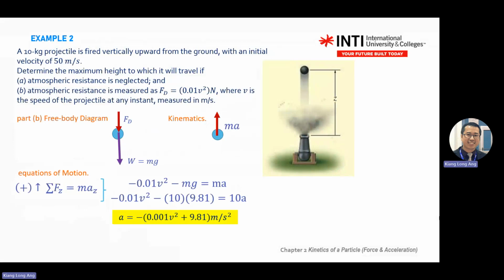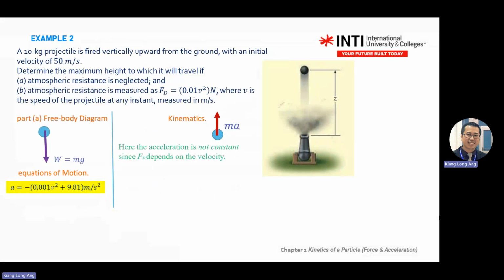In this case, you have two unknowns, A and velocity. Right. So when you get this equation, in this case, the acceleration is not constant. So these three equations here cannot be used. When acceleration is not constant, this one cannot be used.